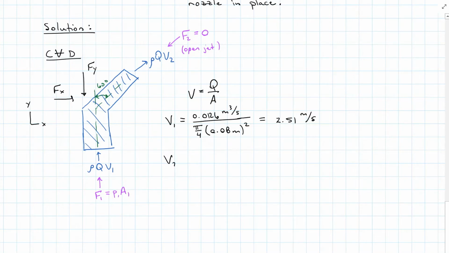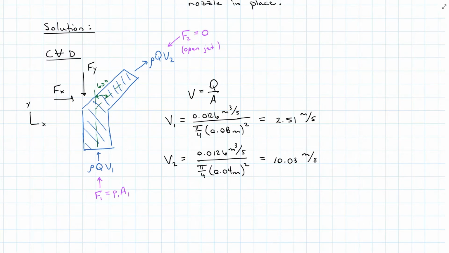Same thing for velocity 2 with our different area. And my velocity 2 is much faster at 10.03 meters per second. So I have my two velocities.